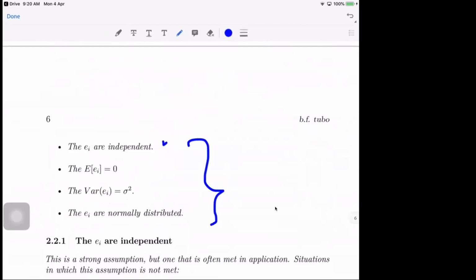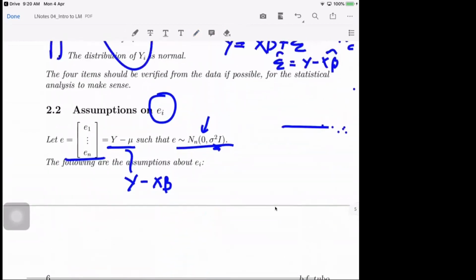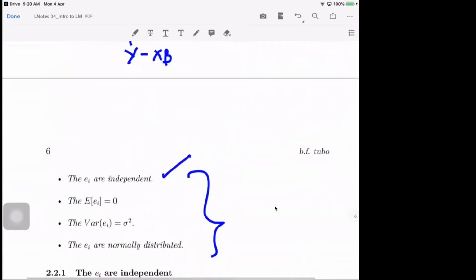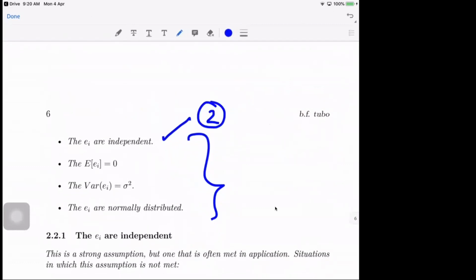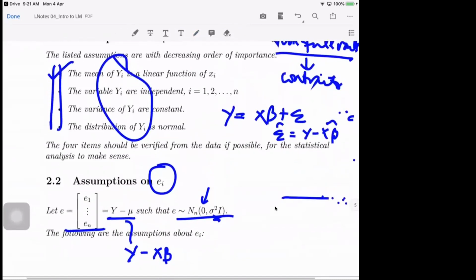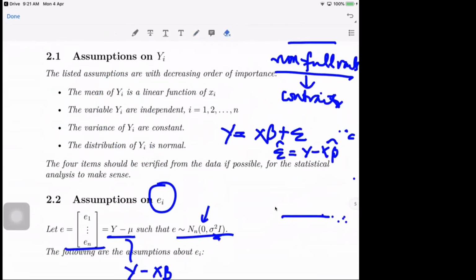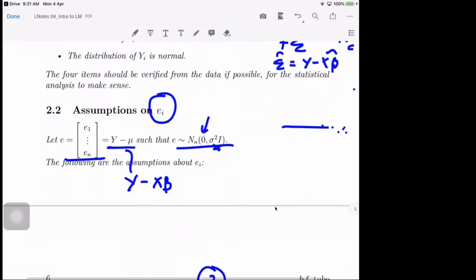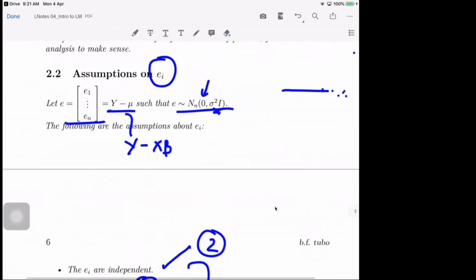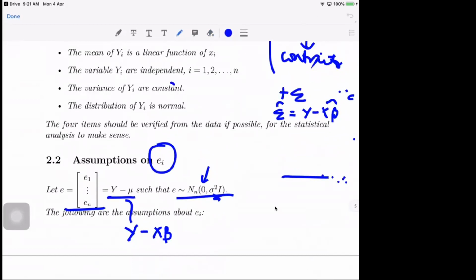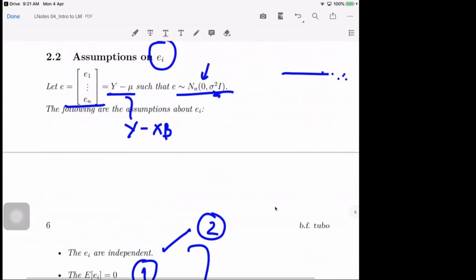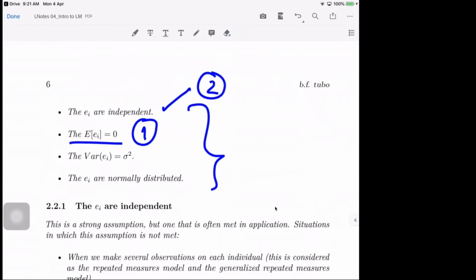So the e_i's being independent is equivalent to assumption number 2, that the y's are independent. The expected value of e being 0 is equivalent to assumption number 1, that the mean of the y's is a linear function of x. The variance of e_i being constant is equivalent to saying that the variance of y_i is constant, which is number 3.